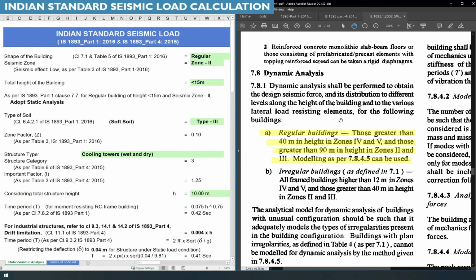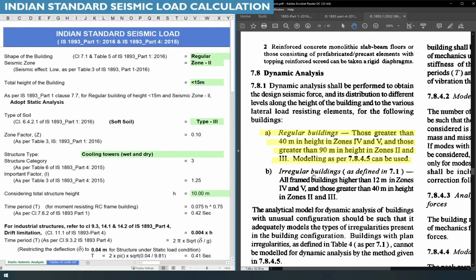Alternately, we can read about the static method of analysis through this clause. For a regular building, if it is less than 40 meter in height in seismic zones 4 and 5, and less than or equal to 90 meter in height in seismic zones 2 and 3, we can go for the static method of analysis.